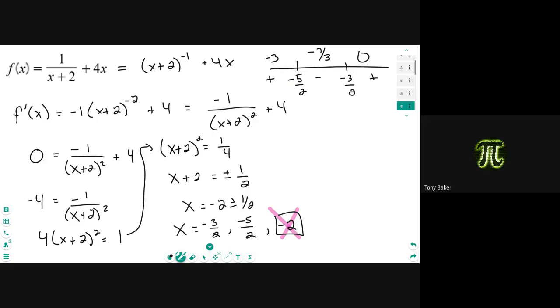So we have it's increasing from -infinity to -5/2 and -3/2 to infinity. It's decreasing from -5/2 to -3/2.